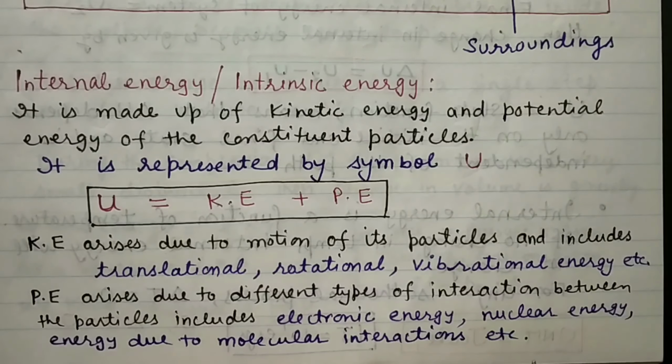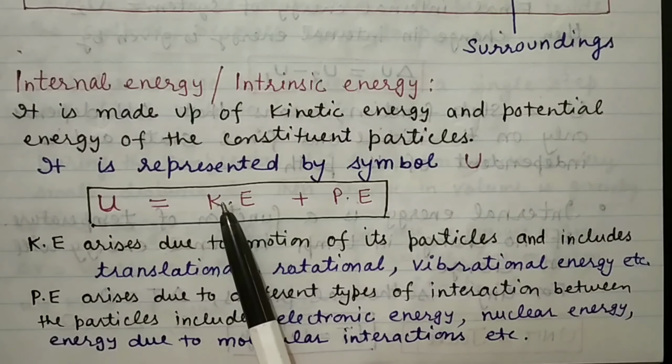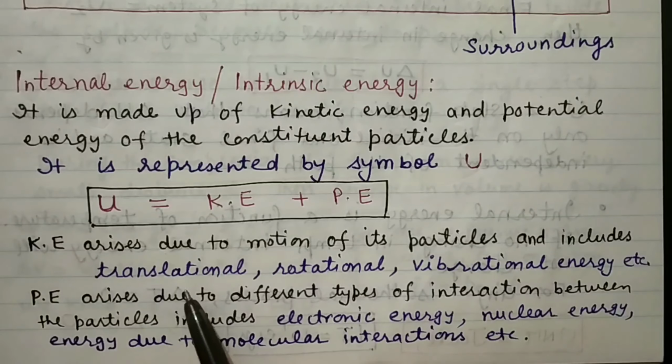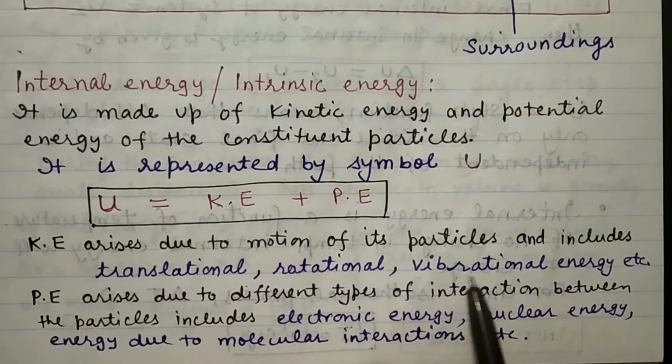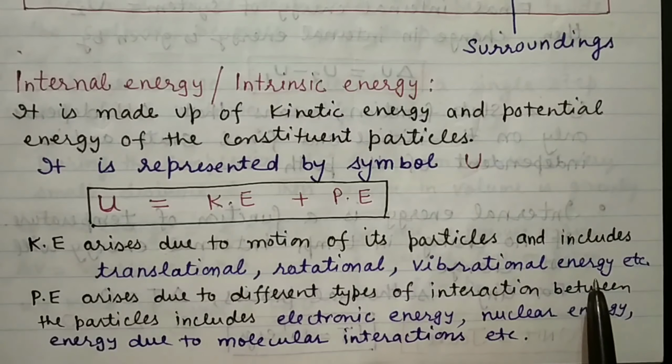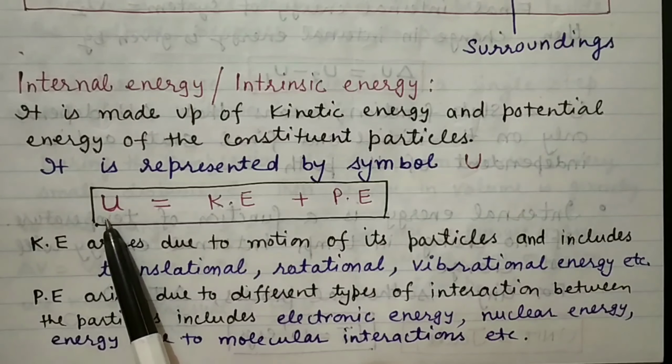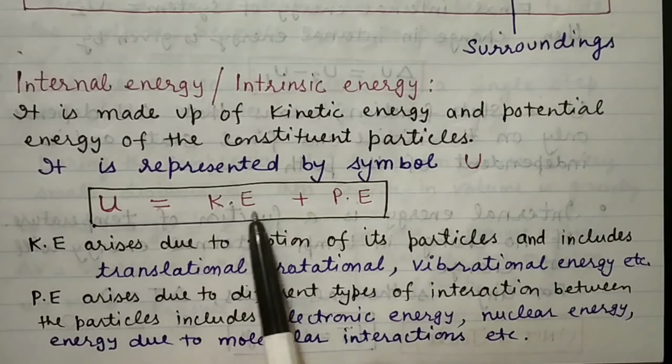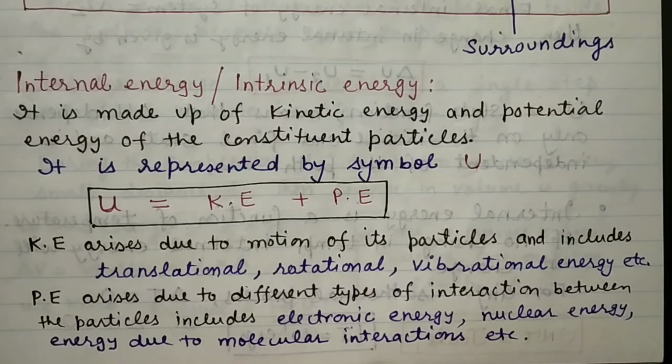These are the different types of interactions associated with potential energy. In short, internal energy is the sum of kinetic energy and potential energy.